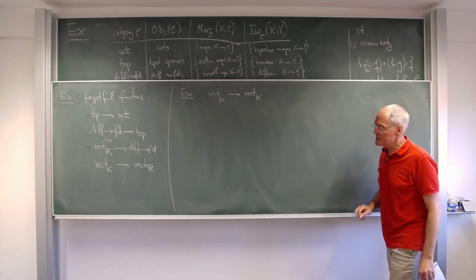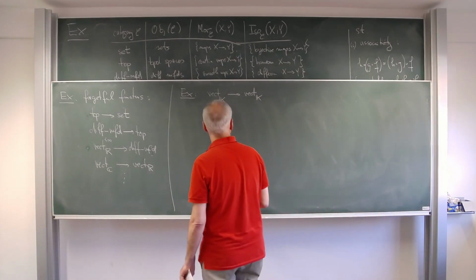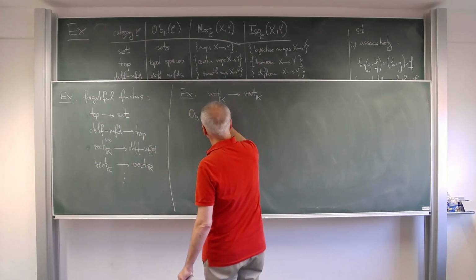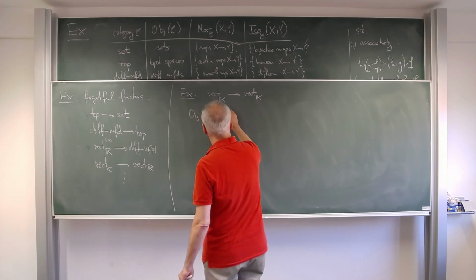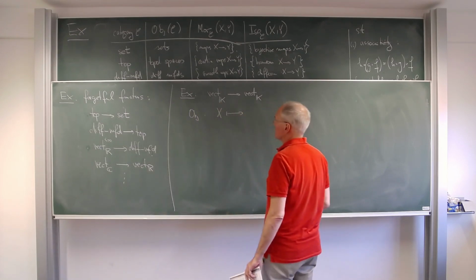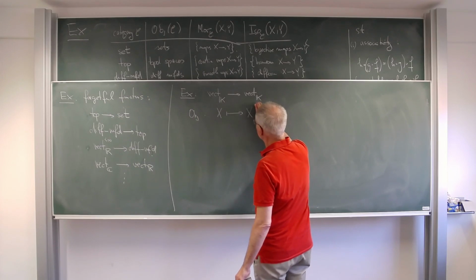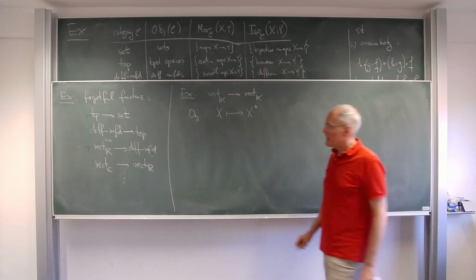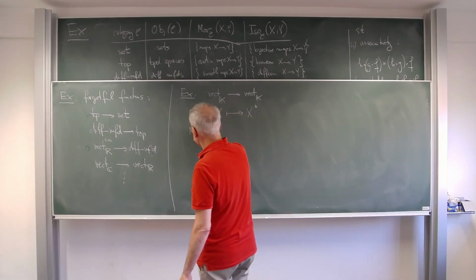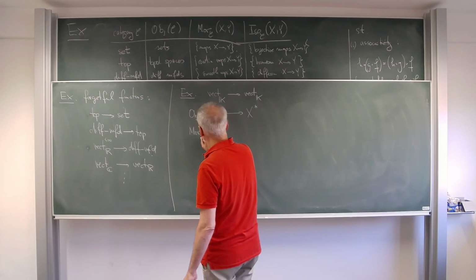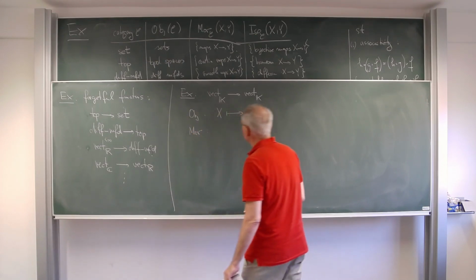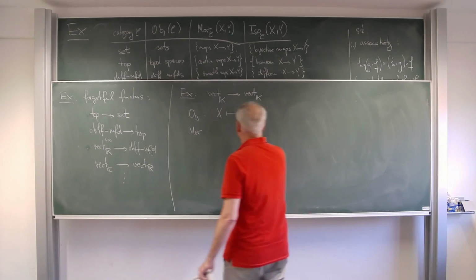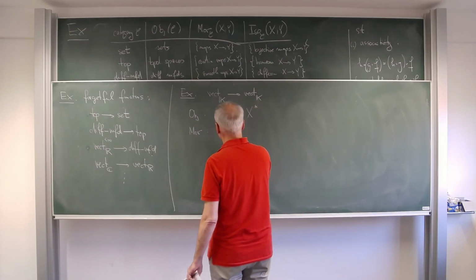And now what you do is, on the level of objects, you take a vector space and you map it to its dual space. Okay, and what do you do on the set of morphisms? Well, the only natural thing you could do is take the adjoint map acting on the dual space.